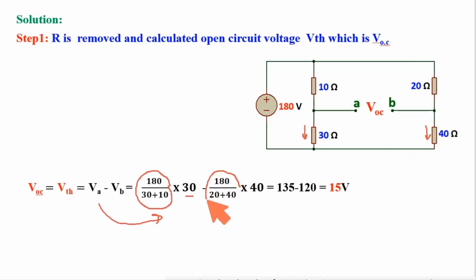That multiplied by 40 is the voltage across the 40 ohm, which is VB. So VA minus VB is ultimately 15 volt. So the open circuit voltage, that is VTH, is 15 volt.